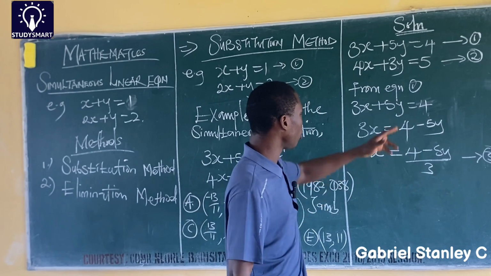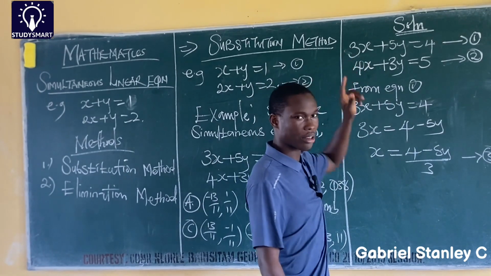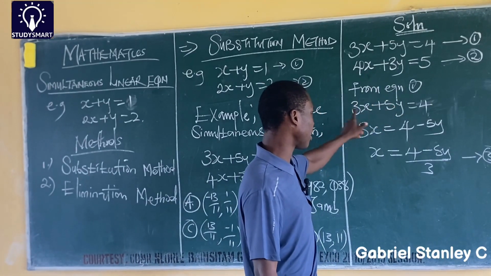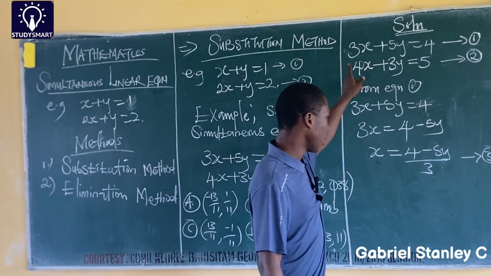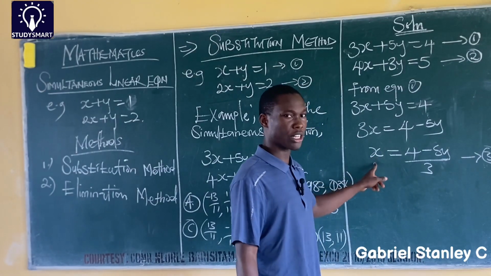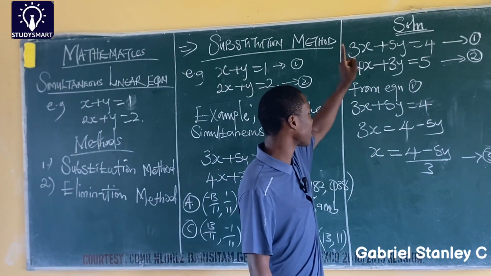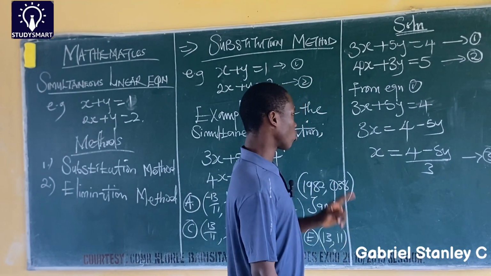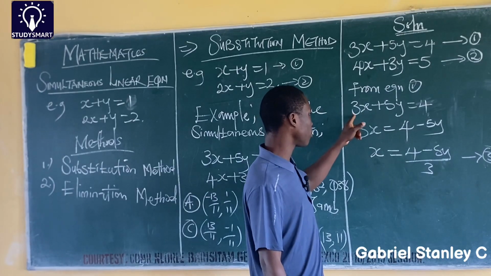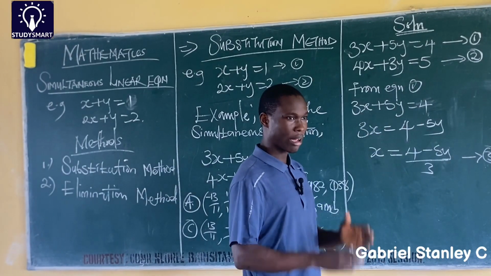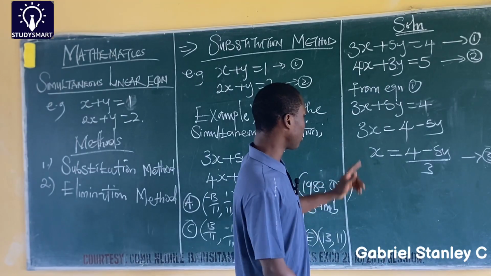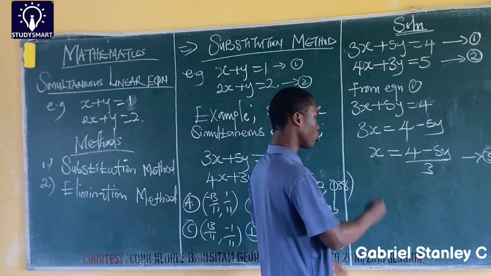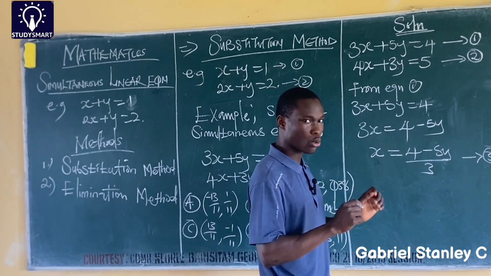Now note this: if you are making use of equation 1 first, like I used 3x plus 5y equal to 4, and you make x the subject from it, you shouldn't substitute the expression back into that same equation.